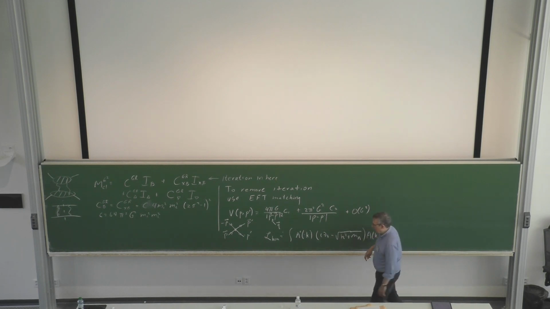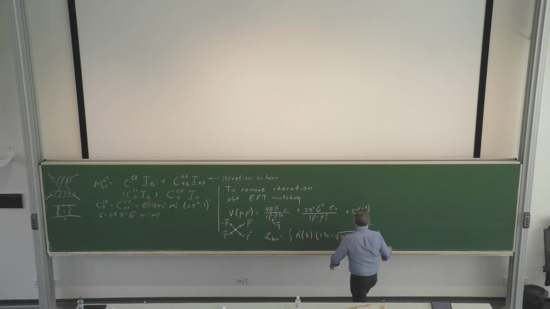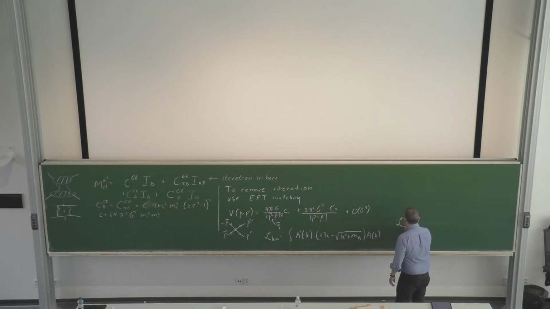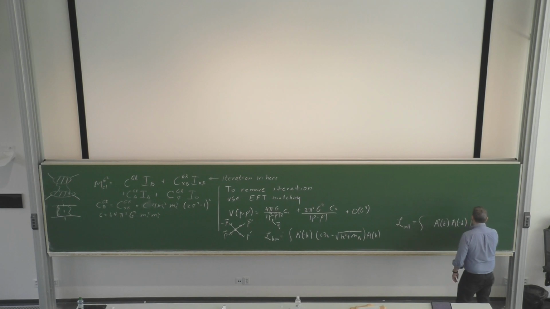And then the other part of the Lagrangian is the interaction, which would be defined by A dagger of k, A of minus k, and then the other field, this is one black hole, the other field would be k prime.